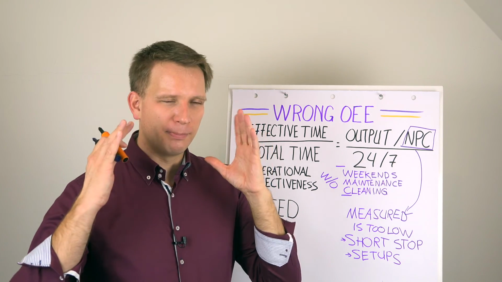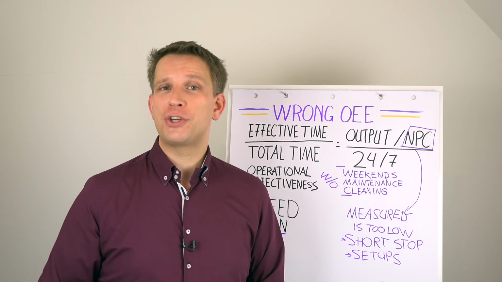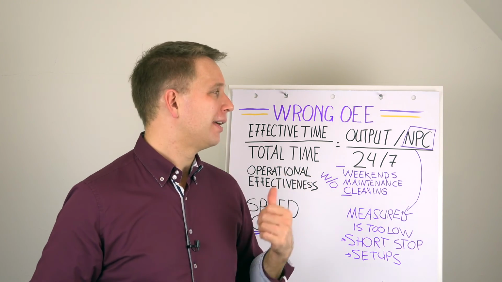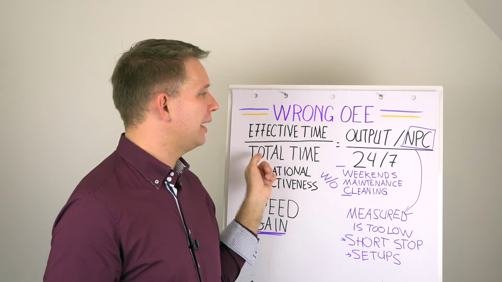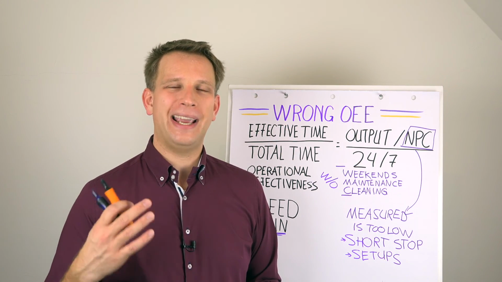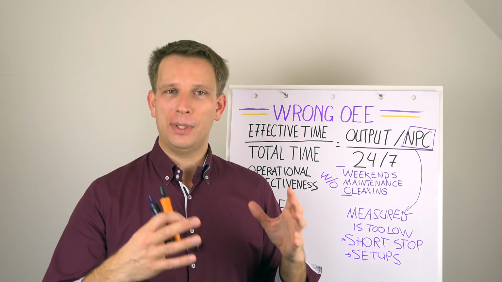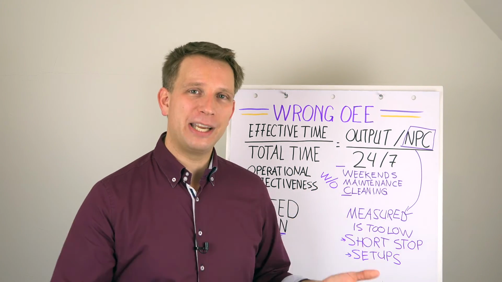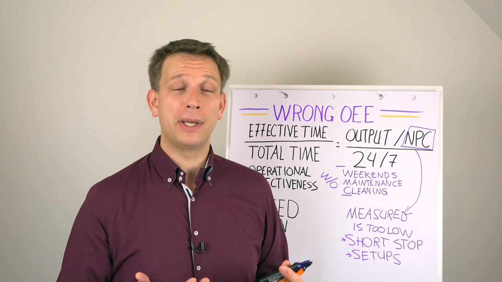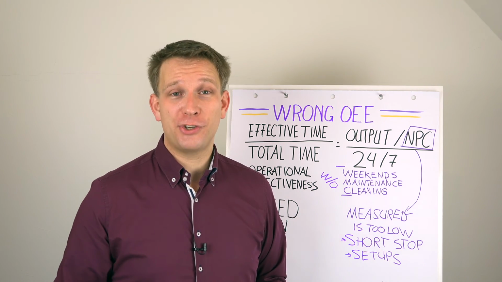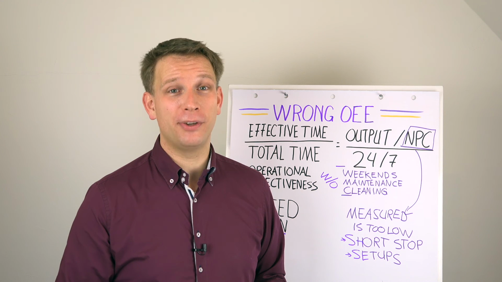Just as a continuous improvement professional, know that your goal is not to have an ideal OEE calculation. Your goal is to actually get the discussion going on how do we solve our time wasters and how do we improve the effectiveness of our equipment. And for that, well, we can have the discussion in the comments, and please do comment on this.